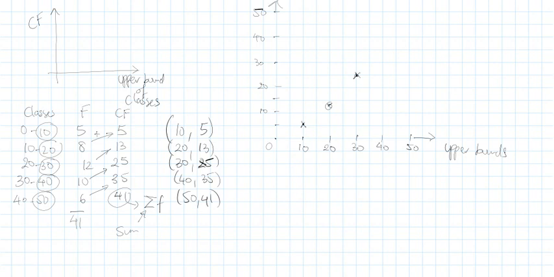All right, so 30, 25, we got it. 40, 40 here, 35 is here, and then 50 here. 41 will be just above 40. All right, and then you can join these lines.